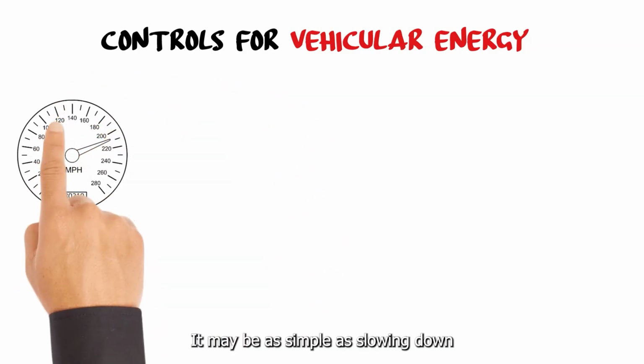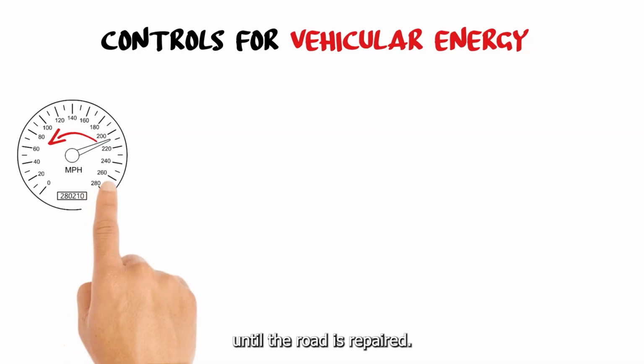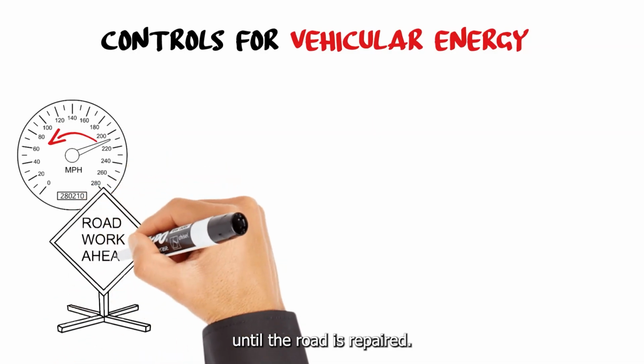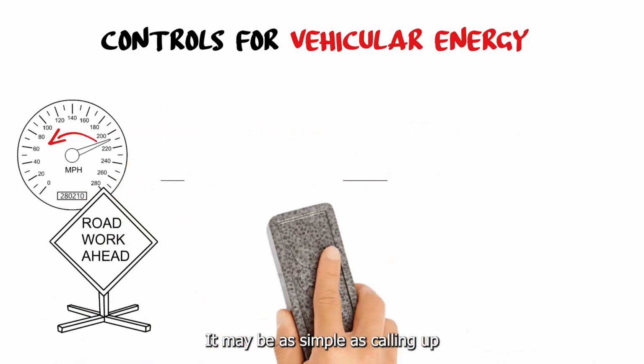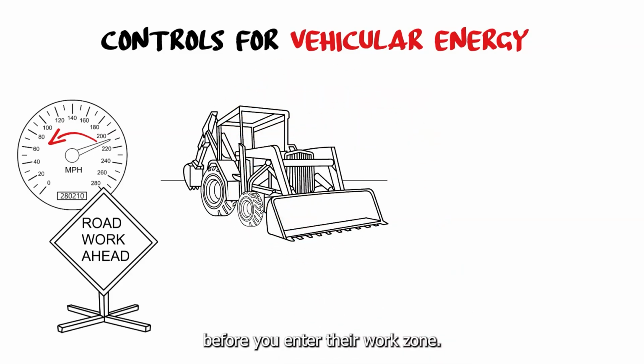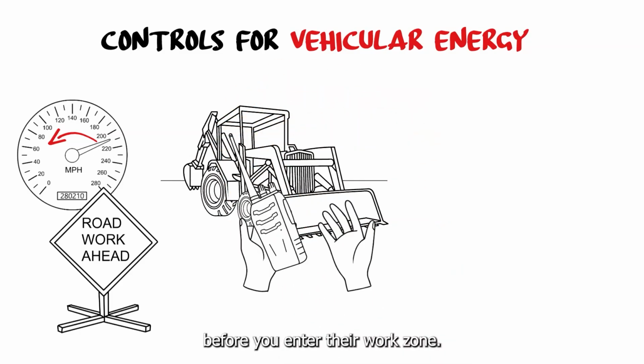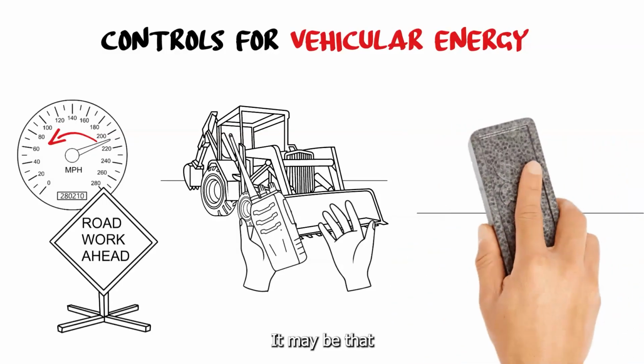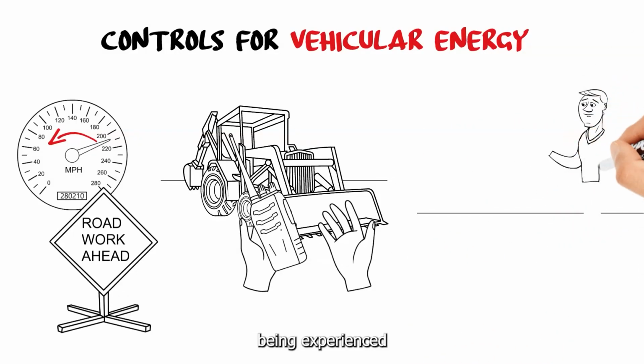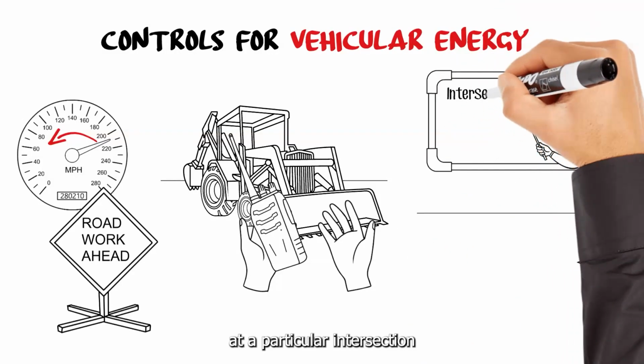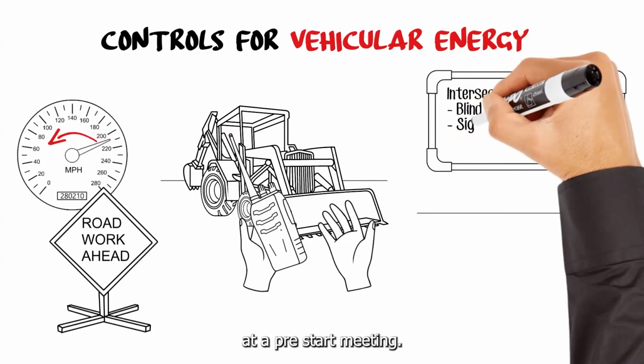It may be as simple as slowing down until a road is repaired. It may be as simple as calling up a loader on the radio before you enter their work zone. It may be that you should raise the problems being experienced at a particular intersection at a pre-start meeting.